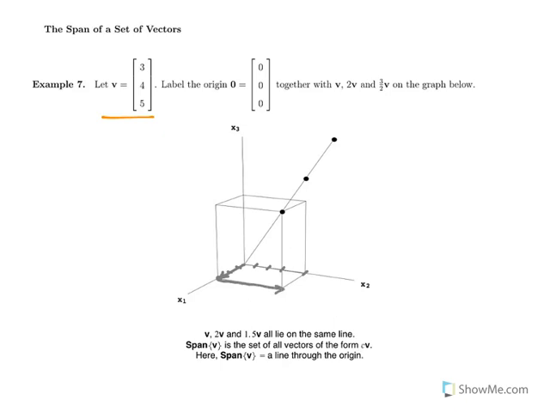And then 5 steps in the x3 direction, 3, 4, 5. If I put those all together, I go over in the x direction, over in the y direction, up in the z direction. That's another way to think about x1, x2, x3. I get this vector that is the diagonal of this 3D box that I drew, v.